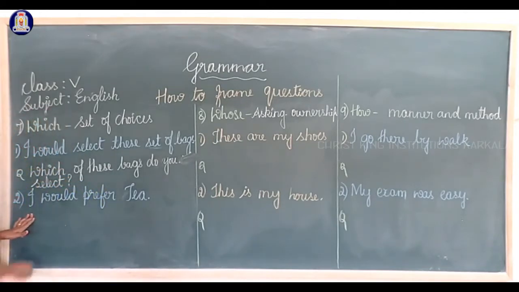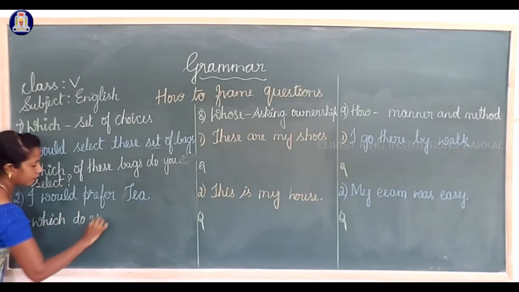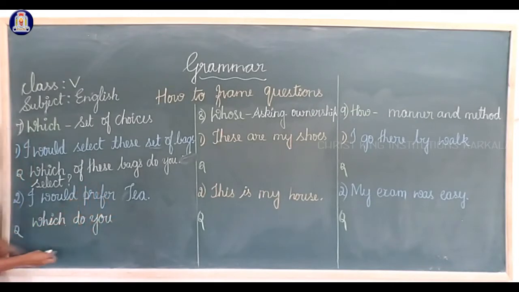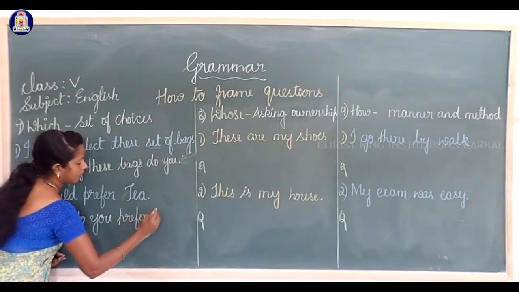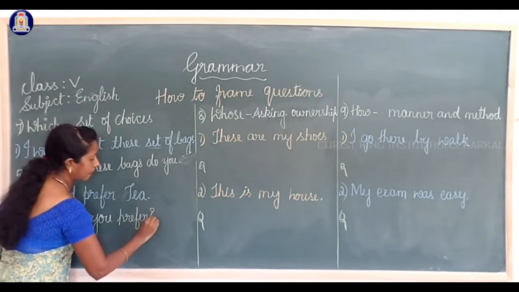Now the second one: I would prefer tea. Here again it's an option, and you have to make a choice. So how are you going to frame the question here? Which do you prefer? Question mark.